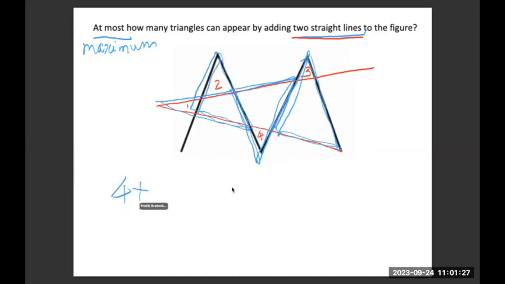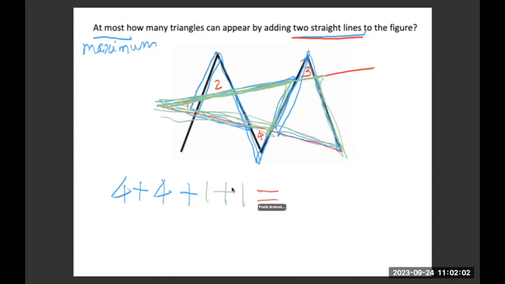So 4 plus 4. Then I will look at the triangles which are formed with 3 or more triangles. One plus one, which comes to 10.